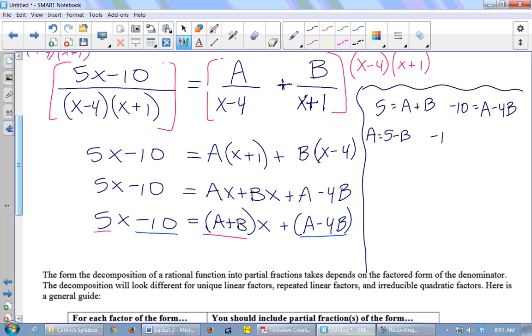So I've got negative 10 is equal to 5 minus b minus 4b. And now I can solve this one for b. So negative 10 equals 5 minus 5b. Subtract 5 from both sides. So we get minus 5b. So b has to be 3, which means that a has to be 5 minus 3, which is 2.